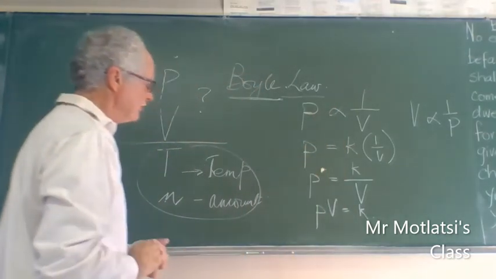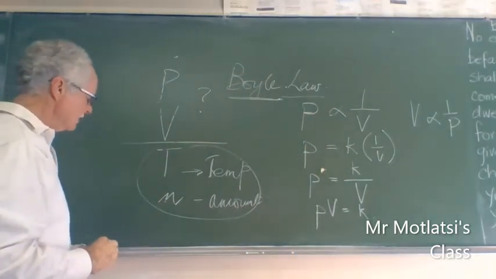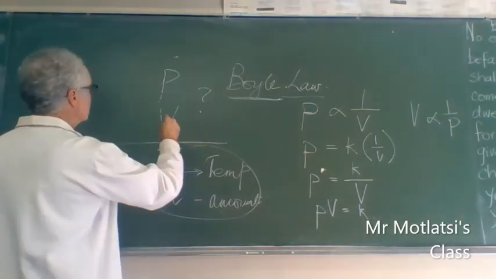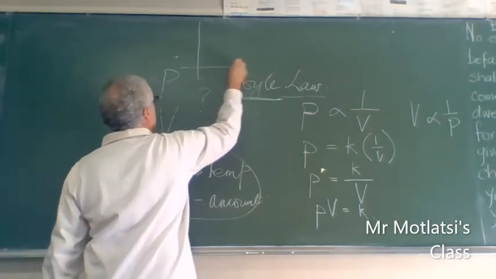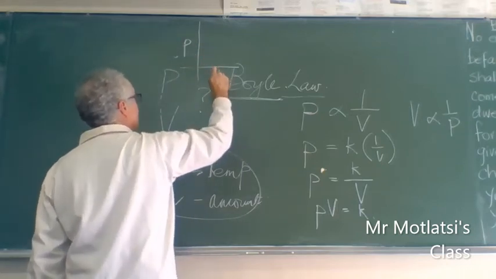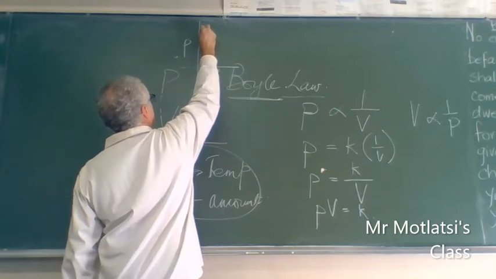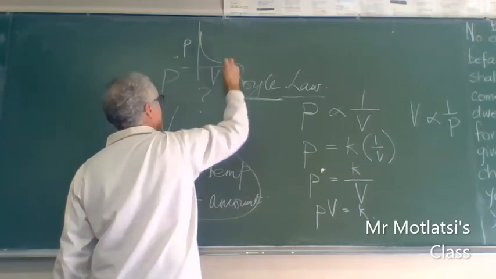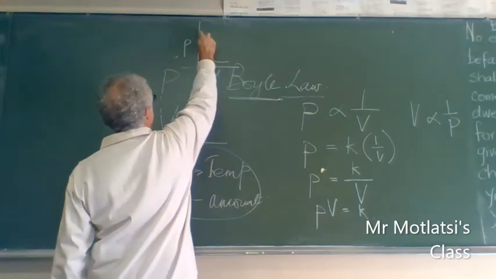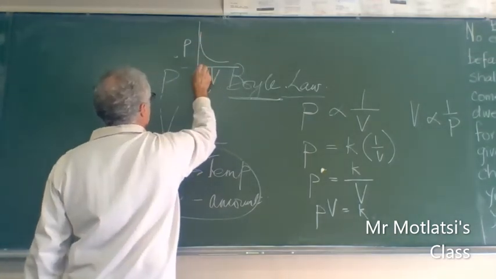Now, on a graph, when Boyle was doing this experiment, he found the following, and that's how he could come to this conclusion. He found that if you increased pressure and checked what happened to the volume, this was what he found. That means at a high pressure, you've got a very small volume.